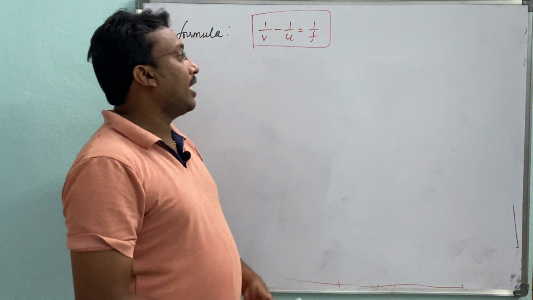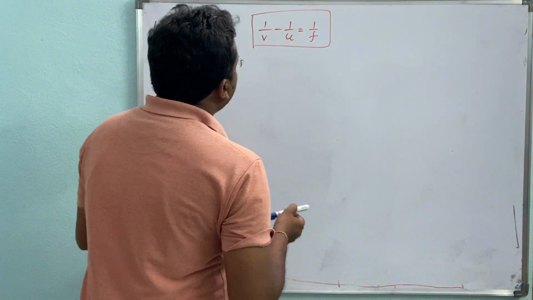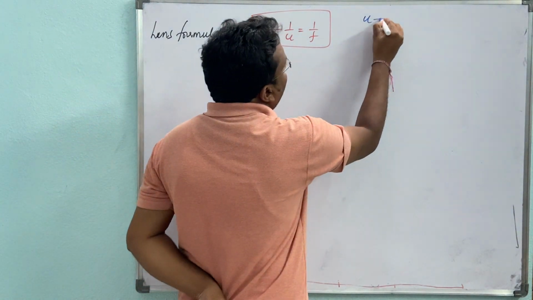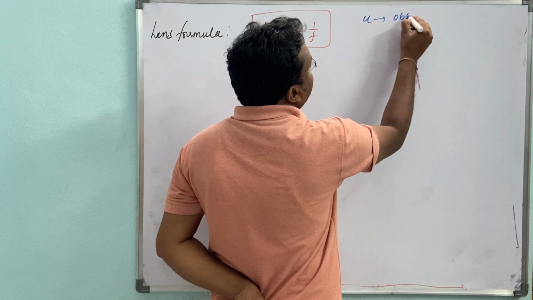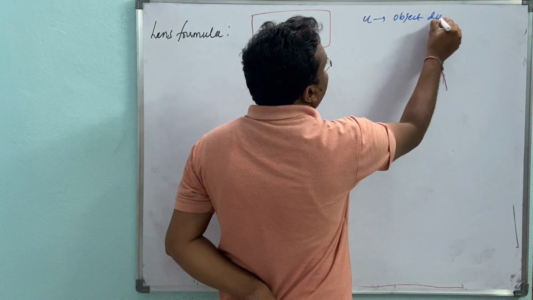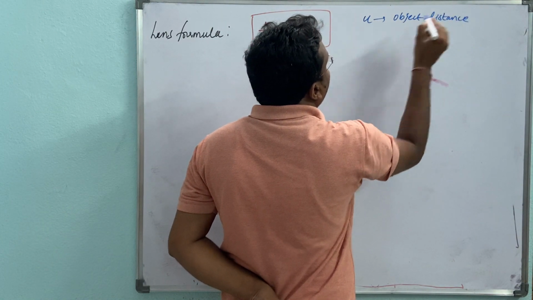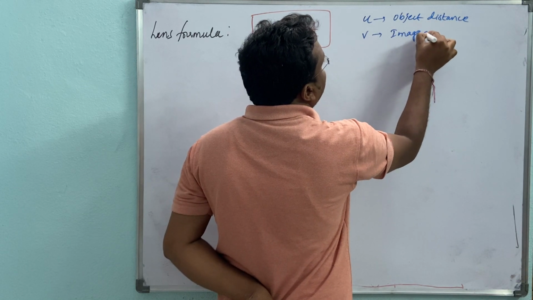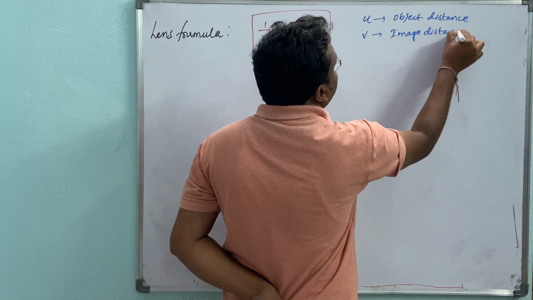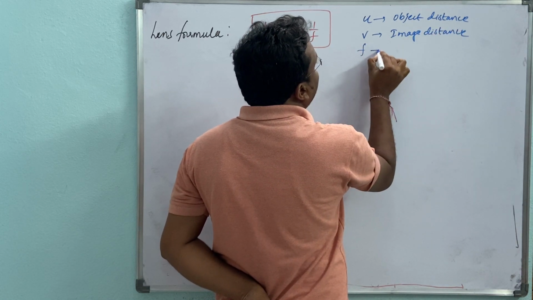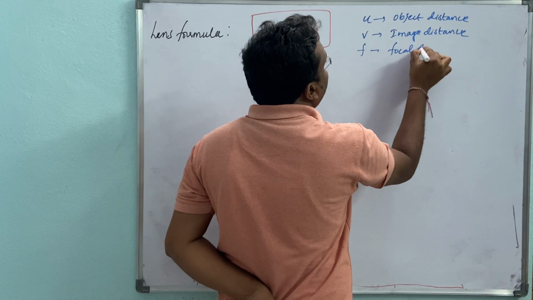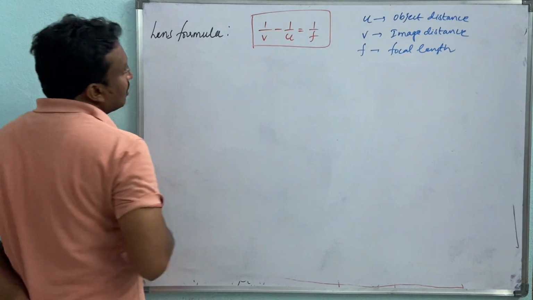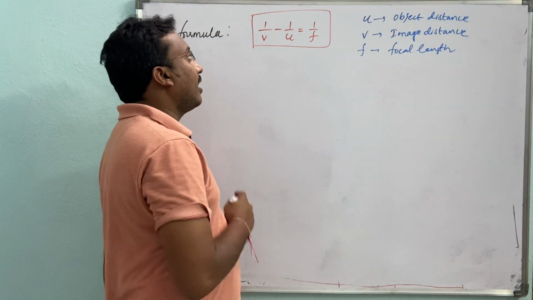Here u stands for object distance, v stands for image distance, and f stands for focal length. These are the terms.